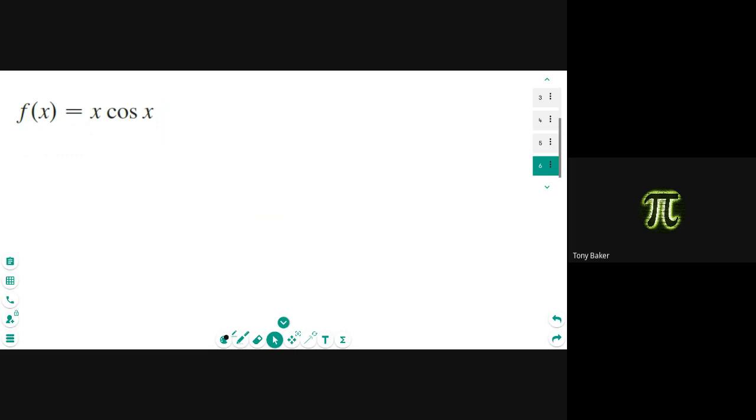So if that's my f of x, and I want to find the series for it, what was the series for cosine of x?